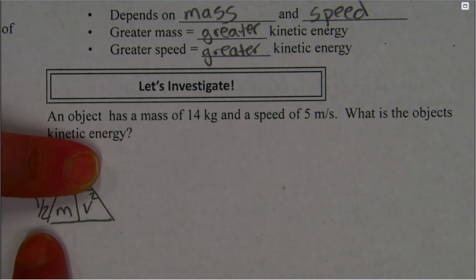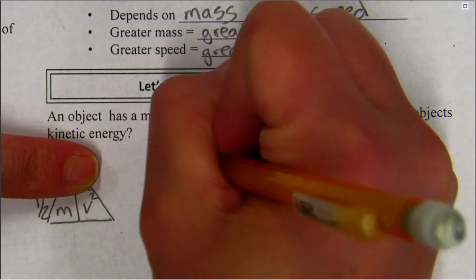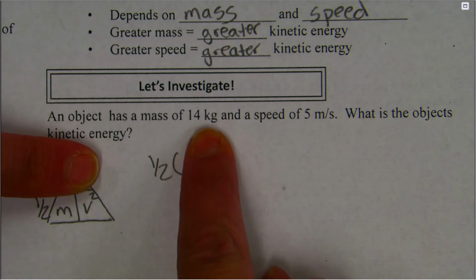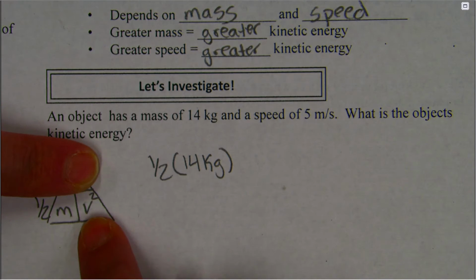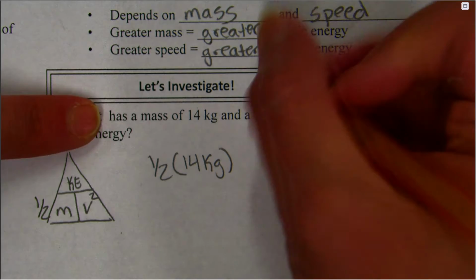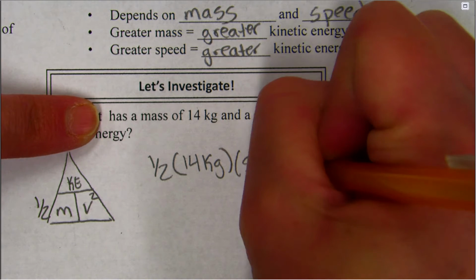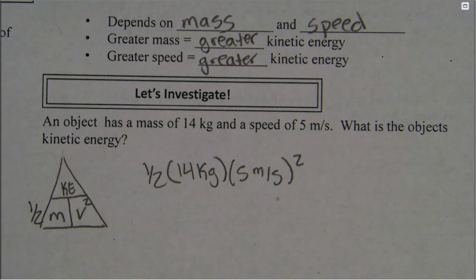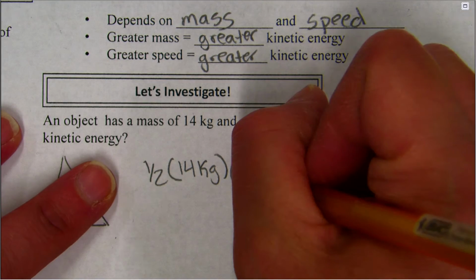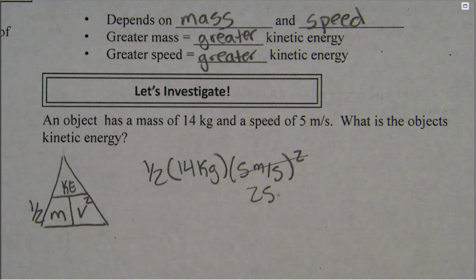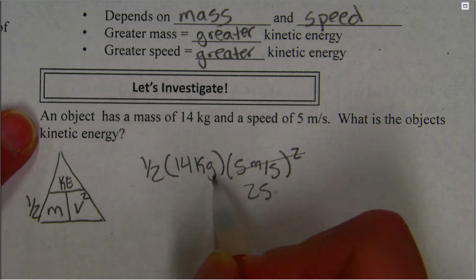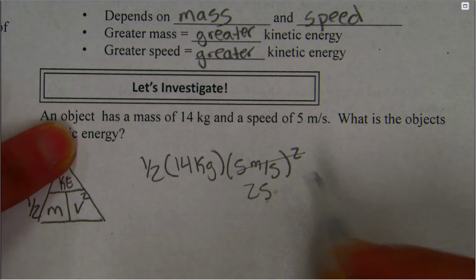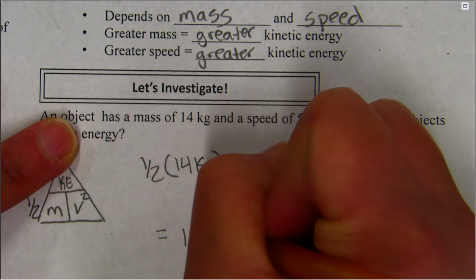So I'm going to do 1/2 times my mass, which is 14 kilograms, times my velocity squared. My velocity here is 5 meters per second, and we are going to square that. So 5 squared is 25. And then when I do 1/2 times 14 times 25, that gives me 175.